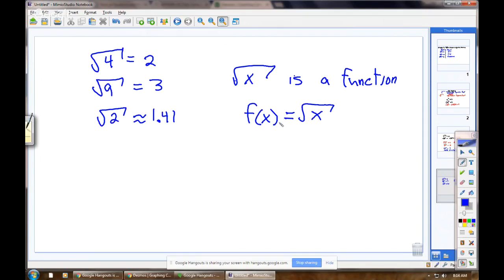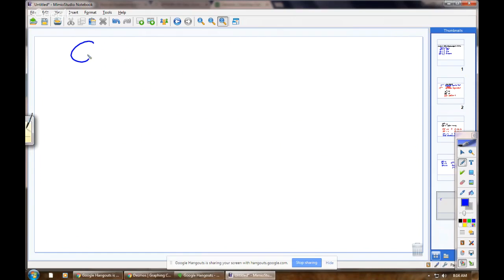Now remember, f of x is just a y value, so that's the same thing as saying y equals the square root of x. And so let's take a look at the graph of this. So f of x equals the square root of x is what I want to look at the graph of.